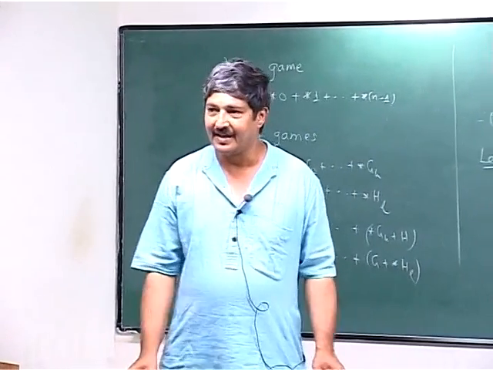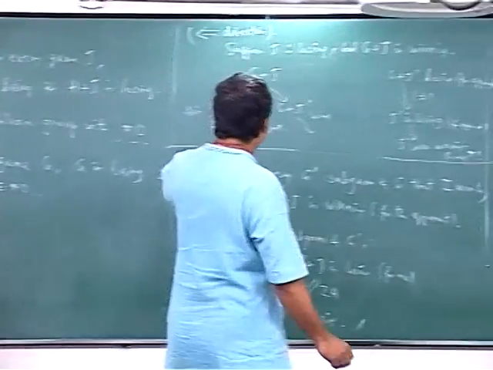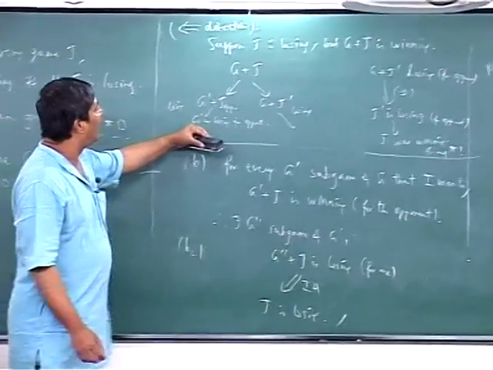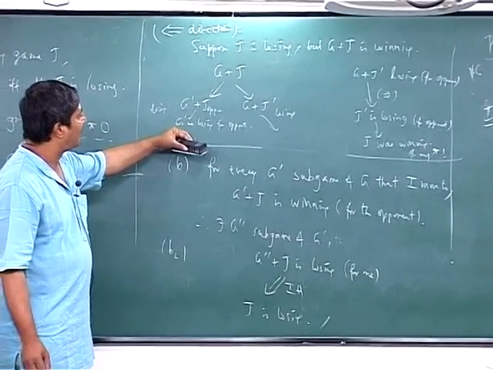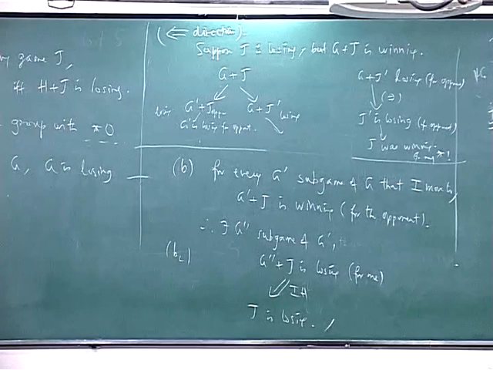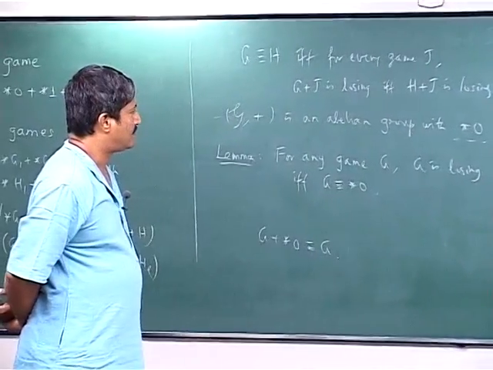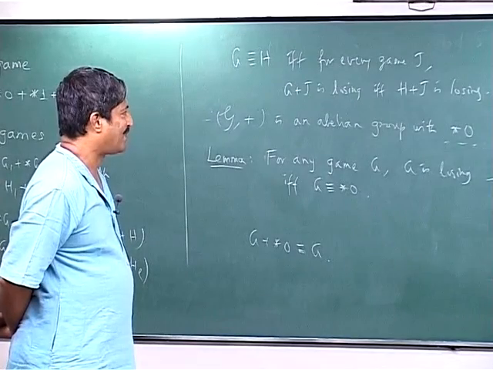Okay. Now G prime is losing for the opponent. In this case, as you said earlier, we don't need to consider the case at the left, because J is losing as per our assumption, and G is a losing game anyway.